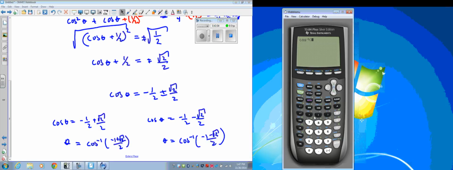Better bracket. Double bracket that. 1, negative 1. Negative 1 plus.